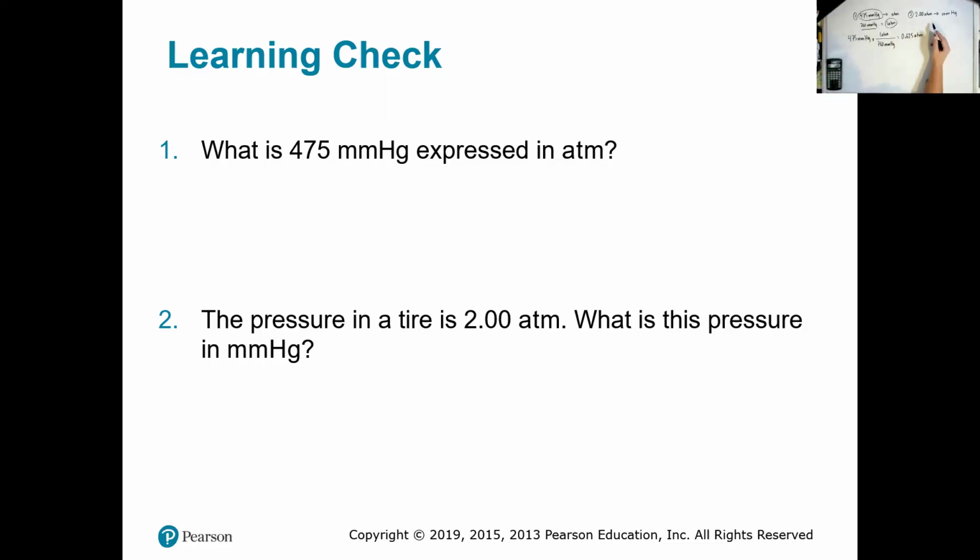In our second question, our starting value is in terms of atmosphere instead of millimeters of mercury. So we start by writing out the number that we're given. And when we set up our conversion factor, the value with this unit goes in our denominator. So now 1 atmosphere goes in our denominator, and 760 millimeters of mercury goes up top.